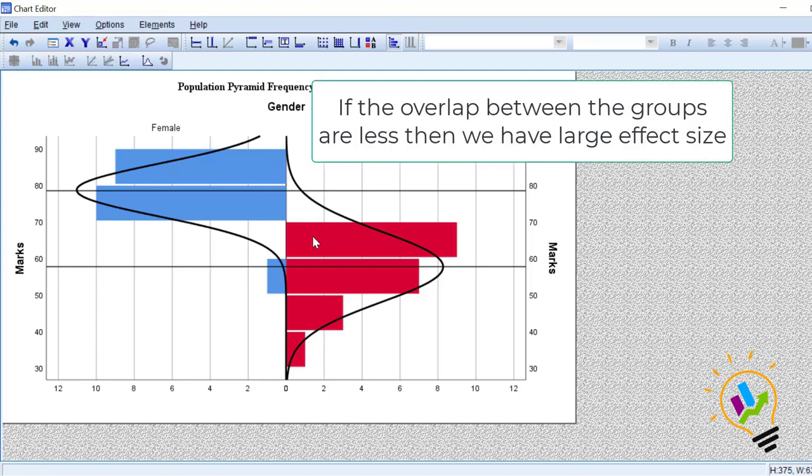If the overlap is very high, then the difference between the groups will be very less. If the overlap is not there, then there is a high difference between the groups. So the effect size explains how much is the difference between the two groups.